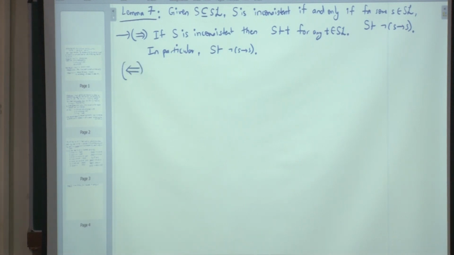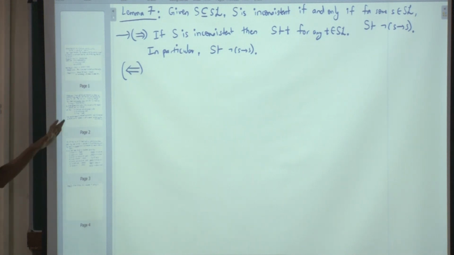Other implication, that suppose you have a proof of a contradiction from capital S, how do you show that you can imply anything? You can prove S implies S also, because you can prove it from anything. So how can you prove S implies S?